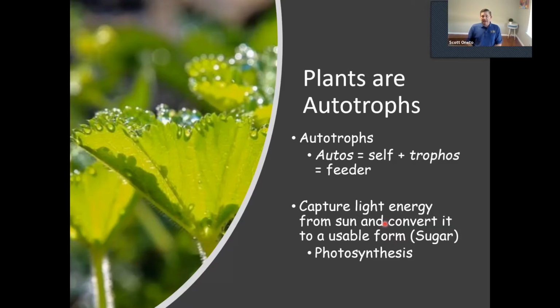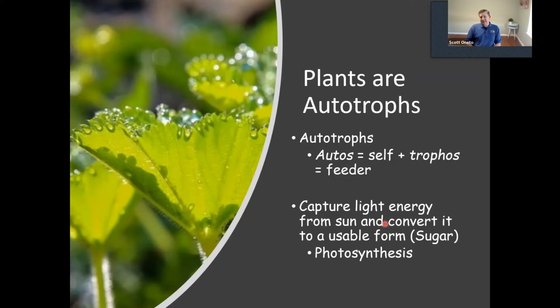So I mentioned that plants have the ability to manufacture their own food, and we classify plants as what we call autotrophs. So if you break down the term autotroph, autos is Latin for self, and trophos is Latin for feeder. And so these are the self-feeding plants.